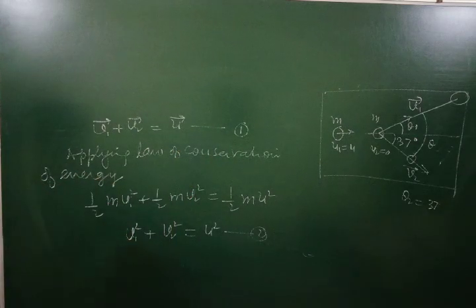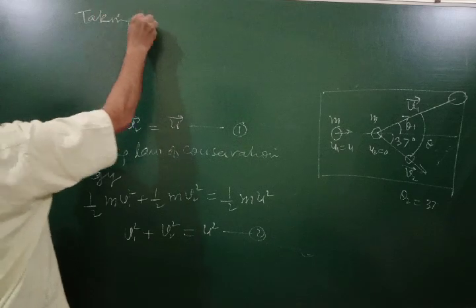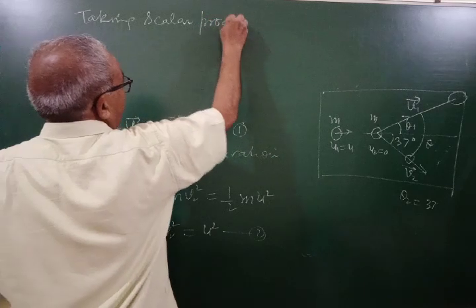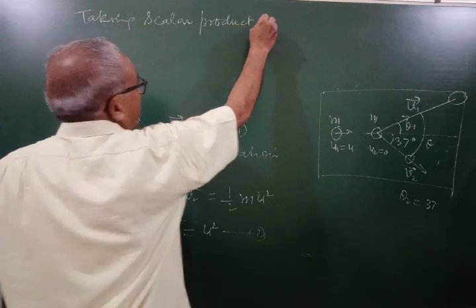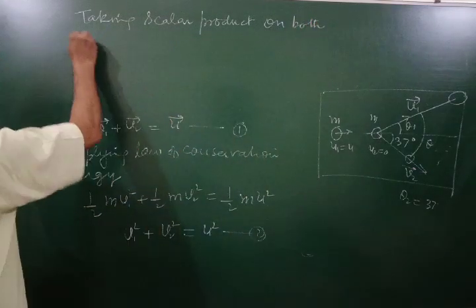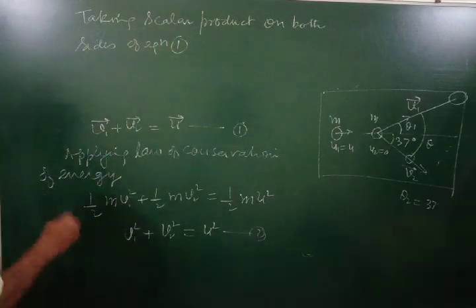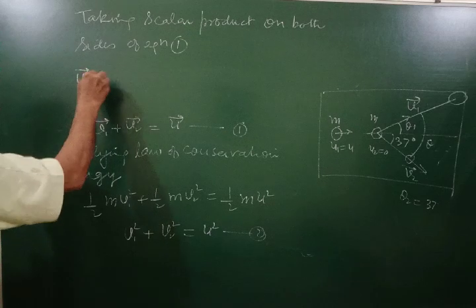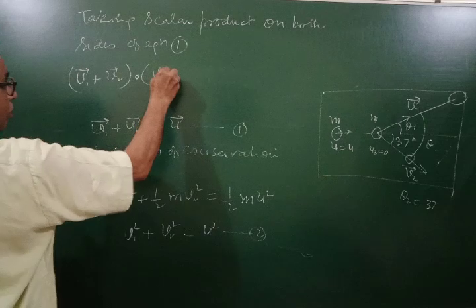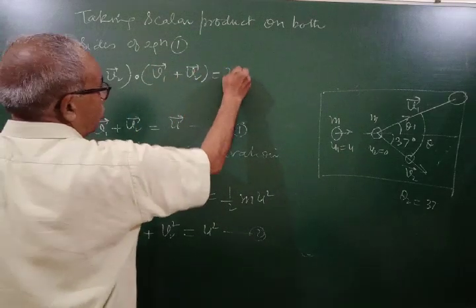Taking the scalar product on both sides of equation 1, V1 plus V2 dot V1 plus V2 equal to U dot U.